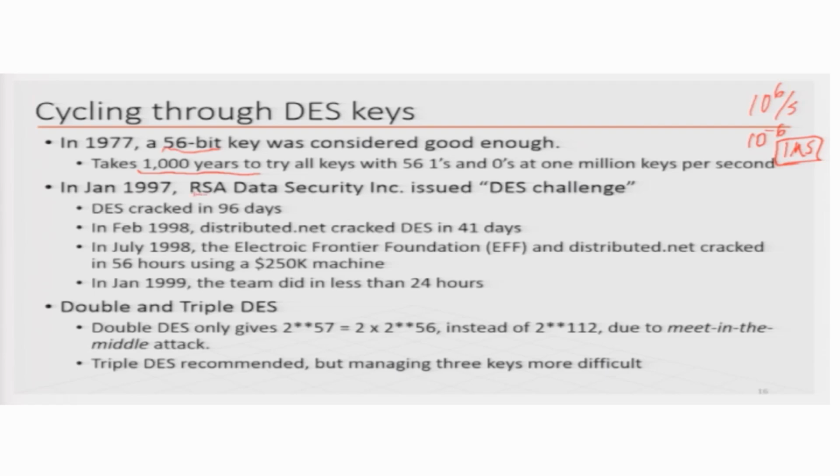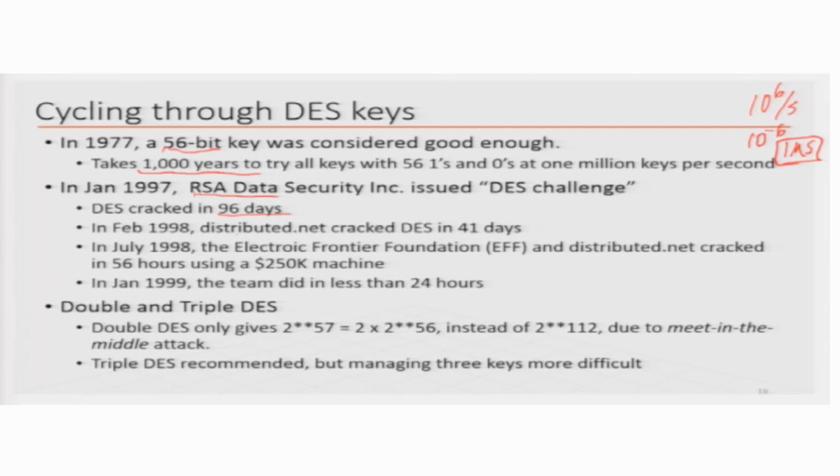Then RSA, another cyber security and encryption company, issued a DES challenge in 97, and very quickly some of the people who took the challenge cracked DES in 96 days, as in 97 the computing was a lot faster, a lot more memory was available, plus a lot of parallel computing was available.